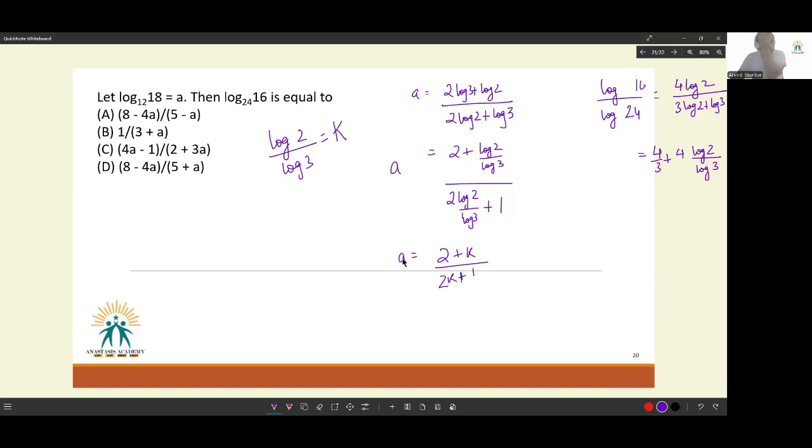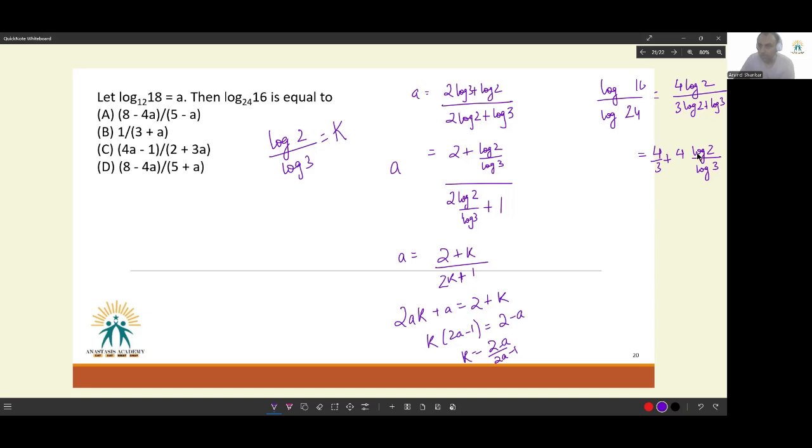So I'll bring it over here. 2ak plus a is equal to 2 plus k. So k times (2a minus 1) is equal to 2 minus a, or k is equal to (2 minus a) by (2a minus 1). k was log 2 by log 3.